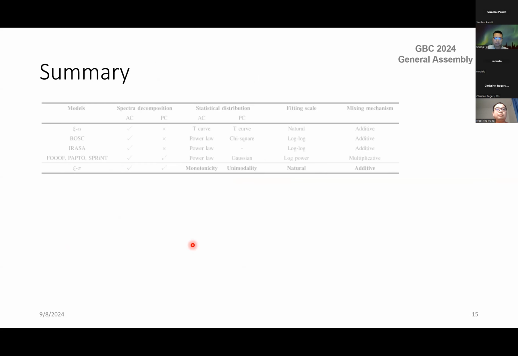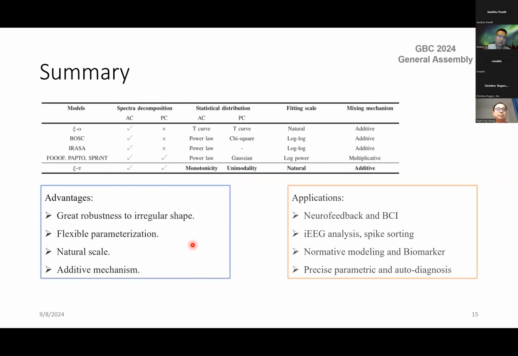So as a summary, nowadays spectral decomposition is a hot frontier, and nearly all these models are adapted variants of the FOF, and only CPI, we think, is quite distinct from others because it only considers the natural shape characteristics and uses the statistically consistent estimator of the spectra, and without log transformation of the spectra, it is the only true model by linear natural scale to decompose the spectrum.